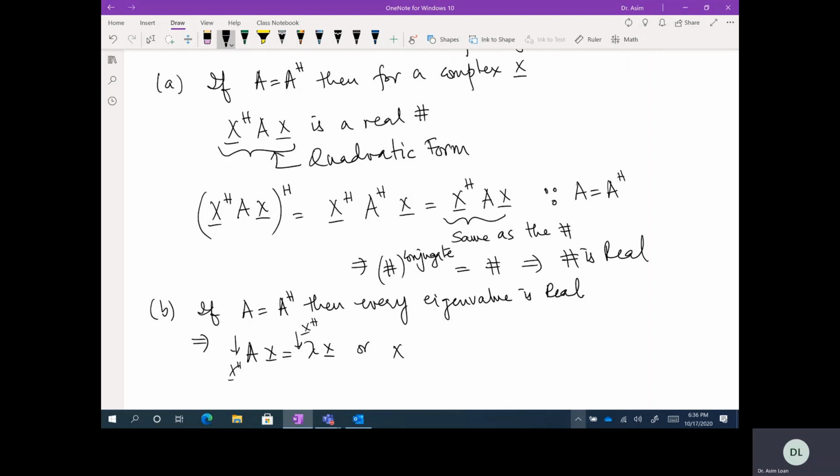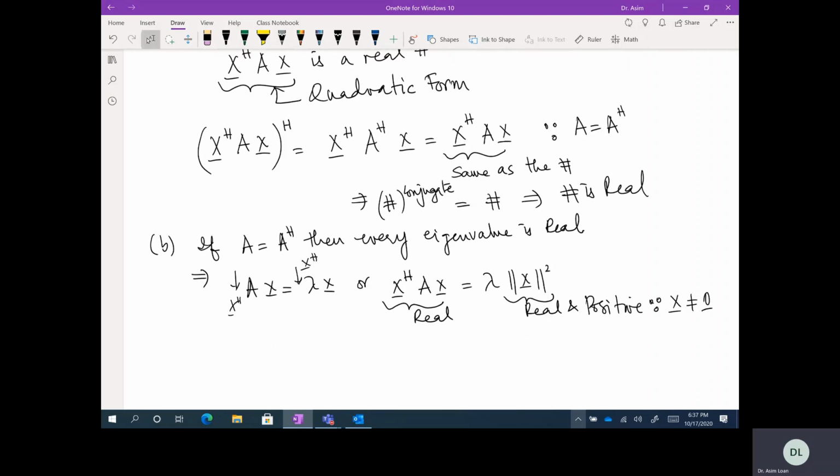So I get x^H A x equals lambda times the norm squared, and now this is real, and the norm squared is real and positive because x is not equal to 0. This implies lambda is real.